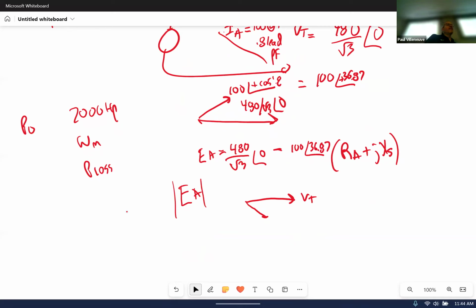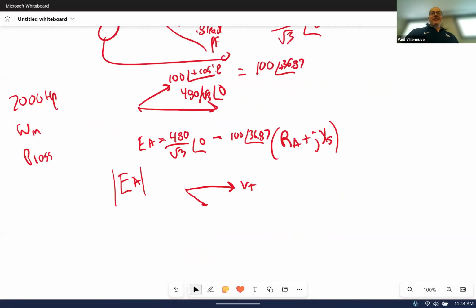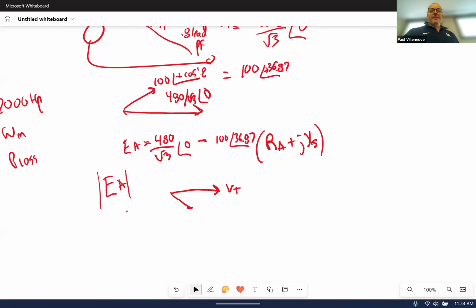Less than? Everybody agree with Garrett? Not sure to agree with Garrett. His leading was. Careful. So do a power triangle here, right? The power triangle here is going to have a P. Where's Q? Down.